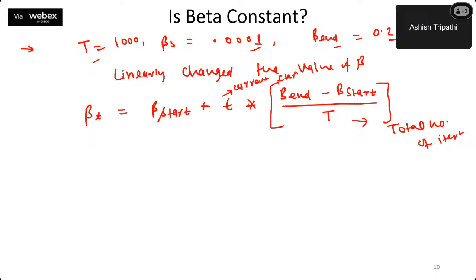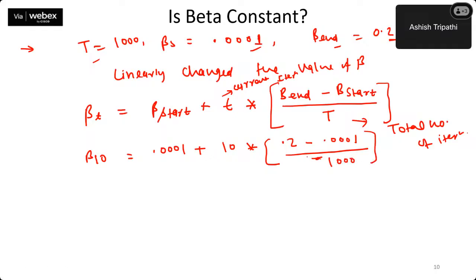So, for example, I want to know beta at 10. What will be the value of beta at 10? Beta start, that means 0.0001, plus the current iteration number, that is 10, times beta end, that is 0.2, minus beta start, that is 0.0001, divided by T, the number of iterations, that is 1000.